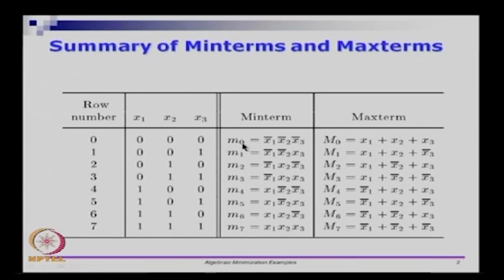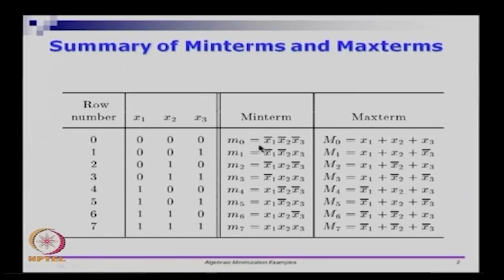For a min term, if you say 0, it is actually 3 bits 0, 0, 0, and what it means is x1 is 0, x2 is 0, x3 is 0, and so on. For max terms, the interpretation is if you see 0, 0, 0, then x1 is in the uncomplemented form, or x2 in the uncomplemented form, or x3 in the uncomplemented form.